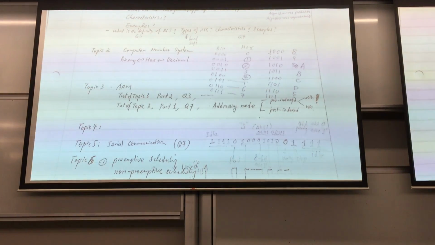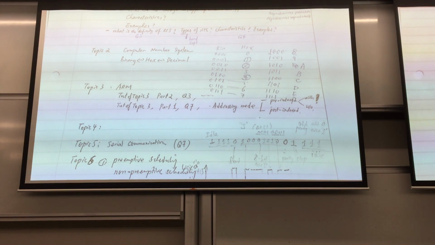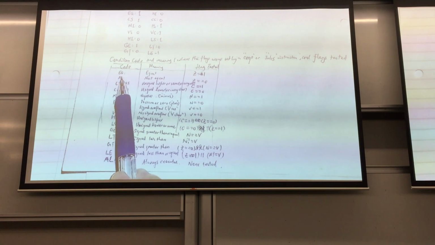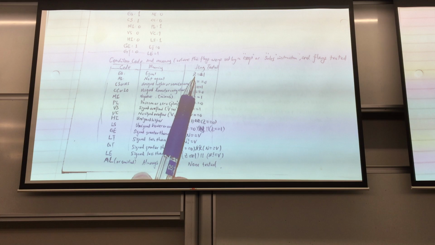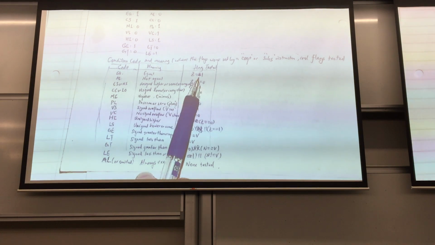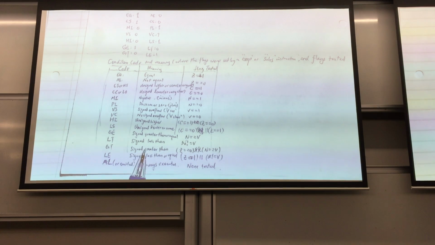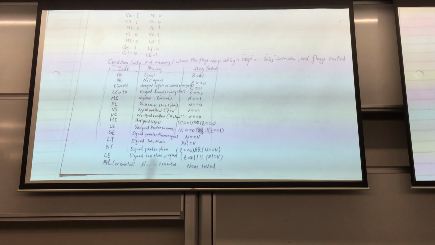And what does EQ mean? EQ means you will check whether the Z flag is 1. This table will be given in the appendix of your exam. You don't need to memorize this.